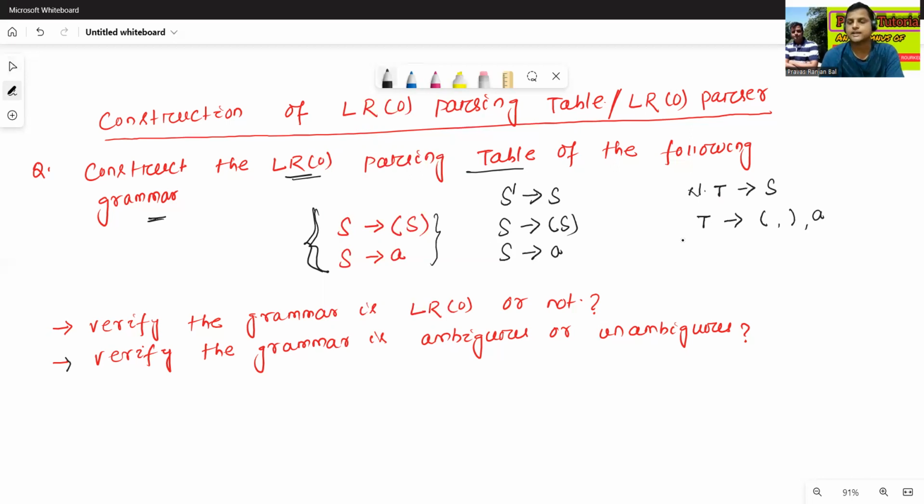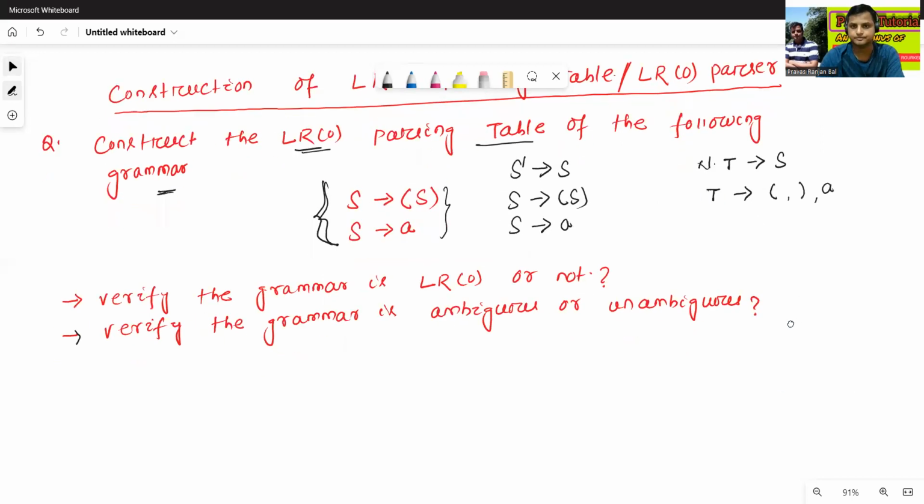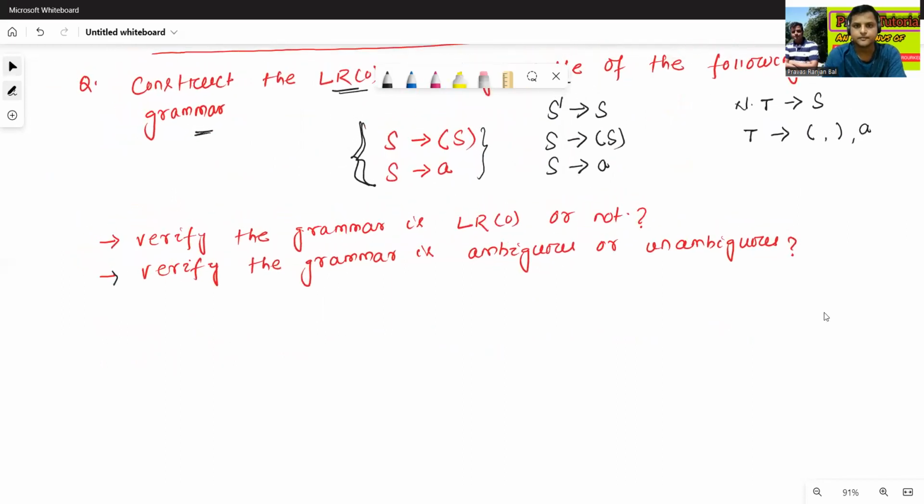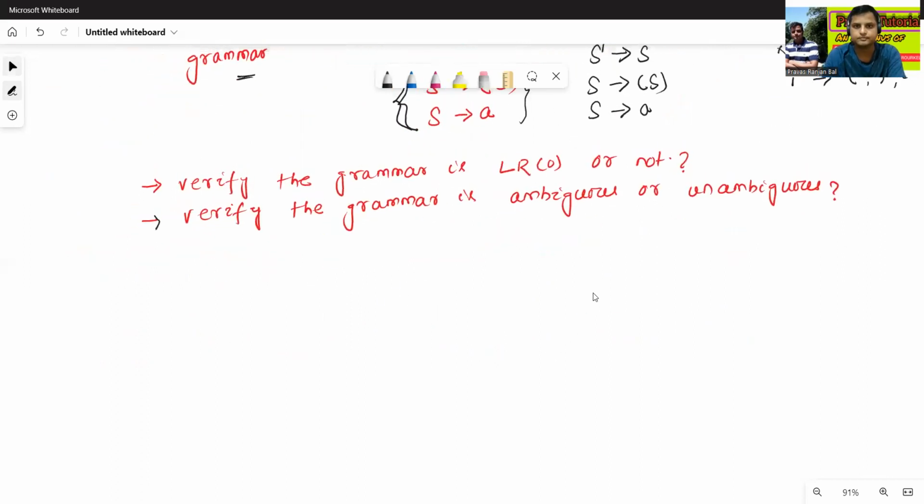Okay. Now we'll construct the ALR0 items. First, S prime to dot S. Now we'll find the closure of S. The closure of S is this one and this one.